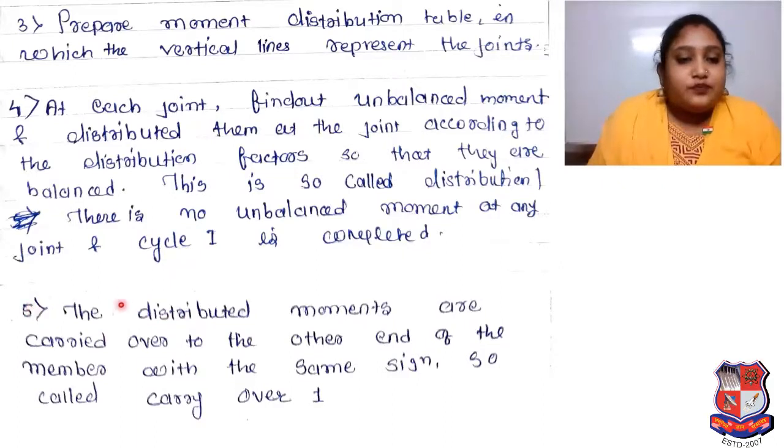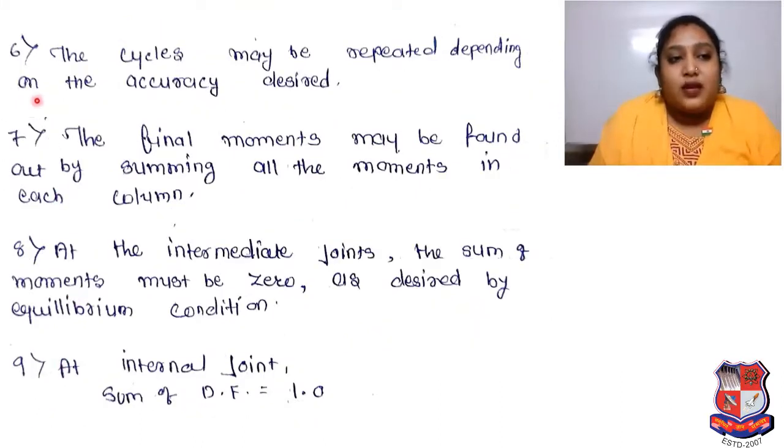Then the fifth step, the distributed moments are carried over to the other end of the member with the same sign, the so-called carryover. Sixth step, the cycle may be repeated depending on the accuracy desired. If we do not get a balanced moment, then we have to repeat the cycle. The final moments may be found by summing all the moments in each column.